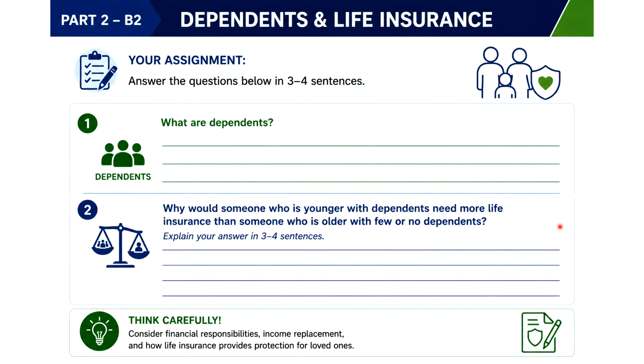And second, explain why someone who is younger and has dependents may have different life insurance needs than someone who is older and has few or no dependents. Your response should be 3 to 4 complete sentences. Be sure to fully answer both questions and explain your reasoning. This section requires your own explanation, not just a definition.